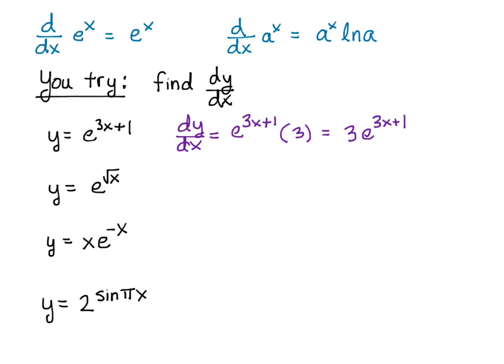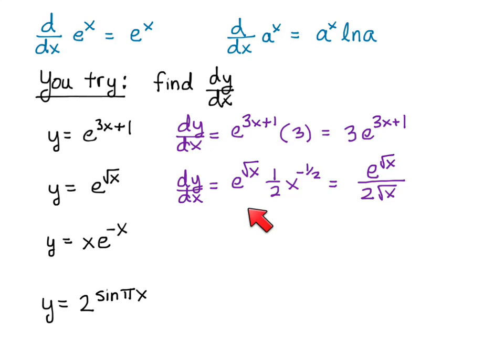Yes, exactly. So the process here is to take the derivative by chain rule. We have e to the square root of x, and then by chain rule take the derivative of the square root of x, which is 1/2 x to the minus 1/2. If we want to rewrite that, we can say e to the square root of x over 2 square root of x.